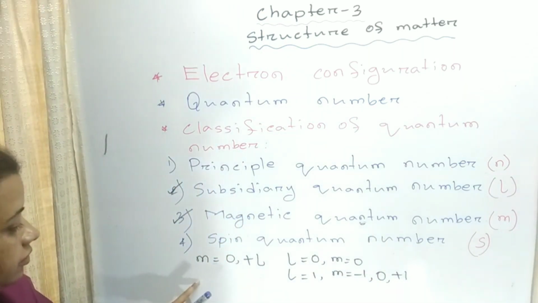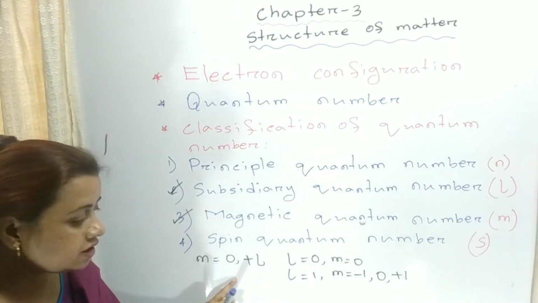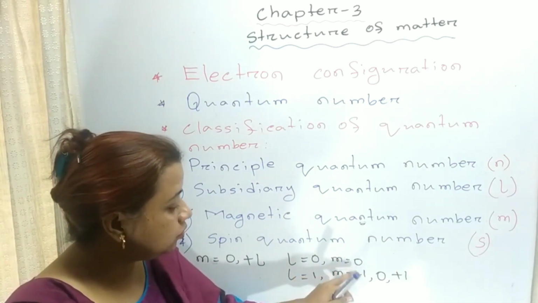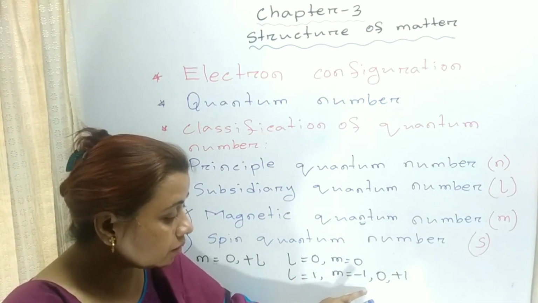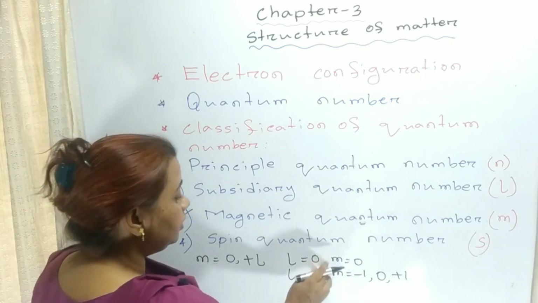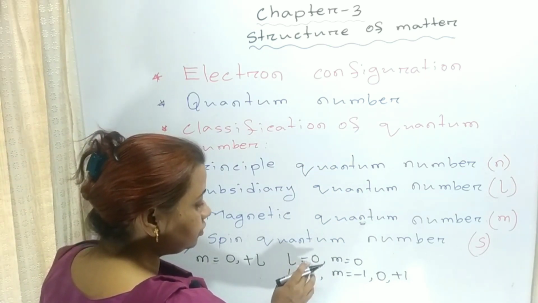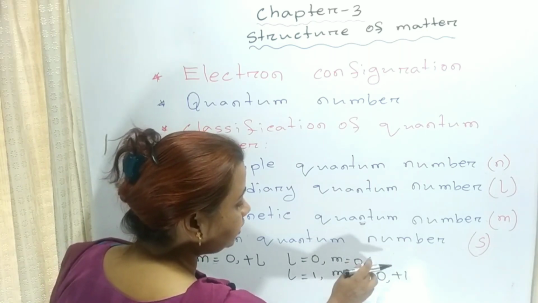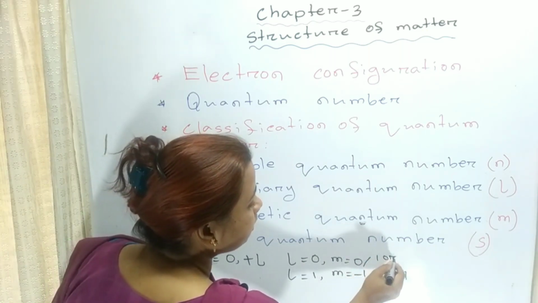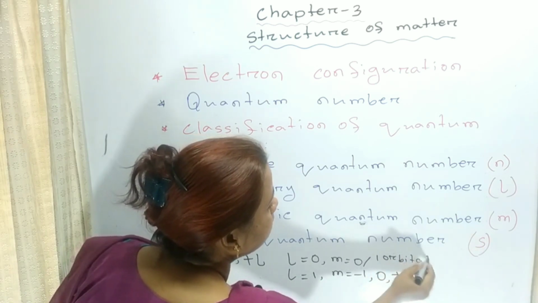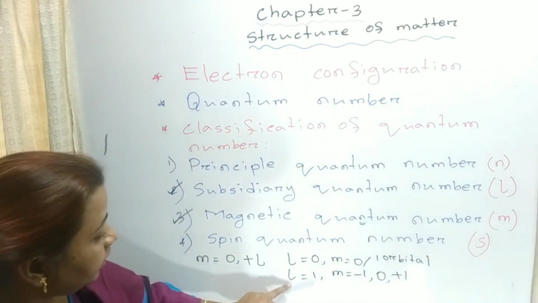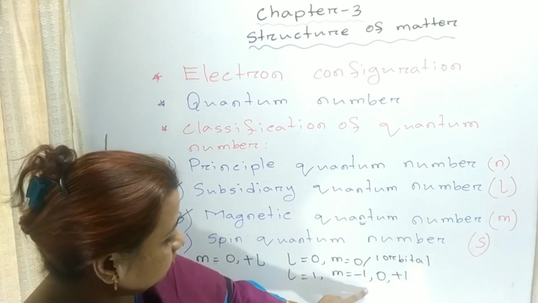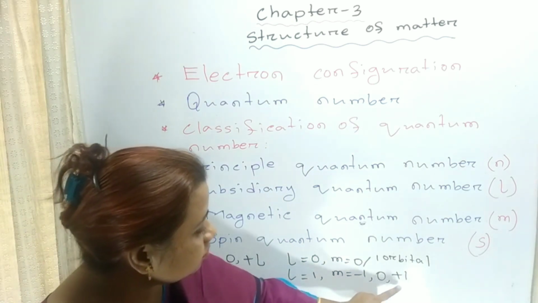Like this way you can determine the value of magnetic quantum number, and for each value of m, one orbital will be obtained. Here whenever l is equal to 0, we get only one value of m. For one value we will get only one orbital. Whenever l is equal to 1, we get 3 values of m, minus 1, 0, plus 1.